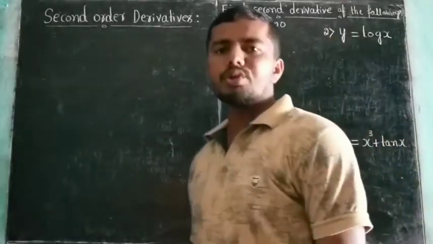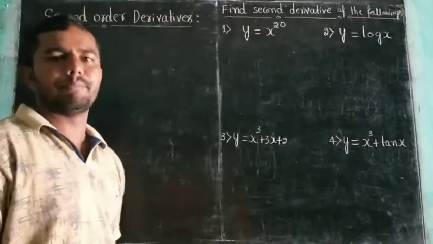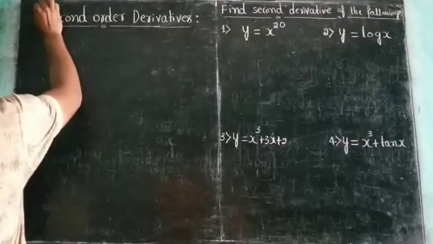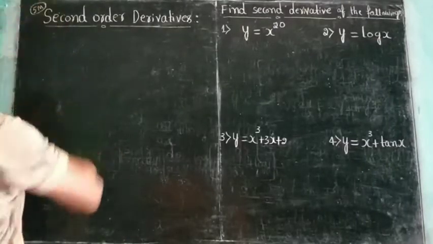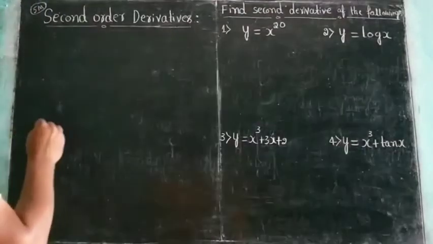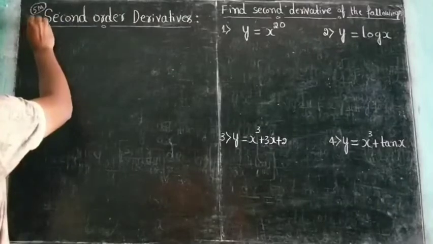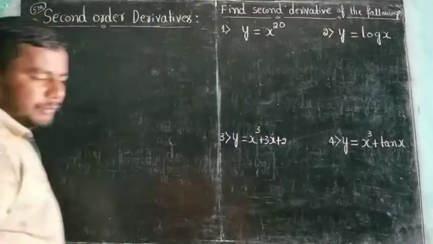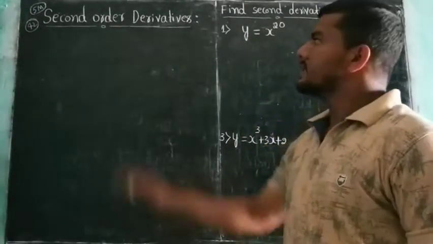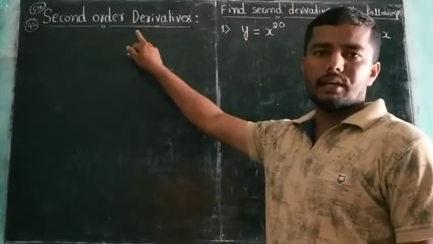This is the most important topic because on this concept there will be a 5 marks question in part D. Question number is 42. Second order derivative.